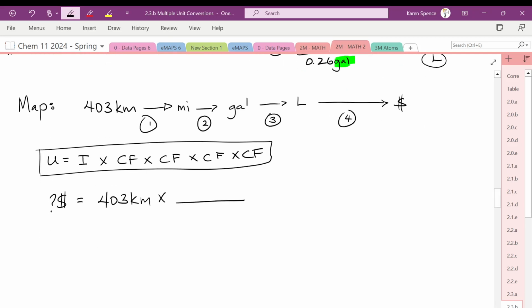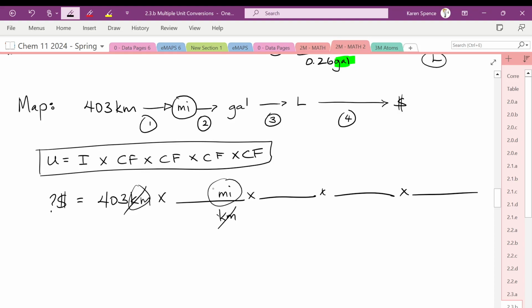We're going to go 1, 2, 3, 4. What do I want to cancel right away? Kilometers, and I want to find miles. Excellent. Now I have miles, and I want to cancel that, so it's going to go down at the bottom, and I want to find gallons.